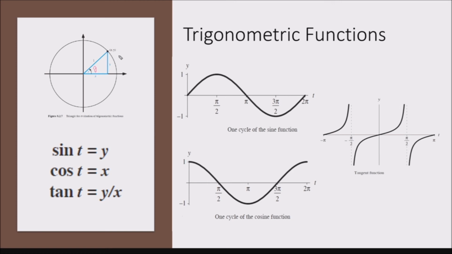Then sine theta is nothing but the y value divided by 1 in this case, and the cosine theta will be equal to this value, which is the x value divided by 1.